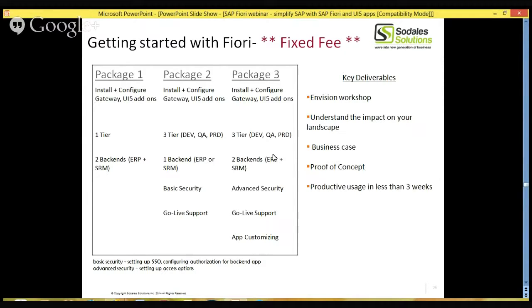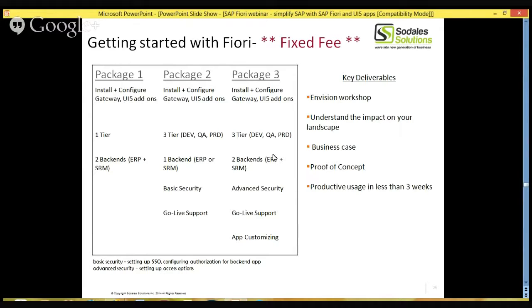There are 3 types of packages. One is one tier, which is one of your backend can use it, and many clients need it just to try out Fiori and make sure it is even right for them. The second and third ones are for if you have more than one backend, like ERP and SRM or CRM.